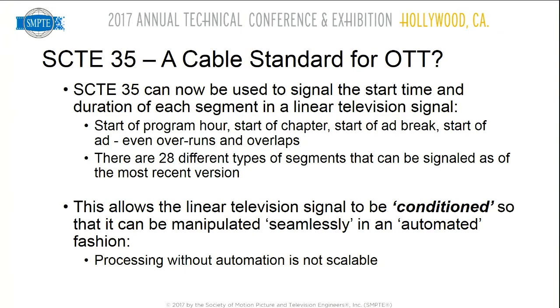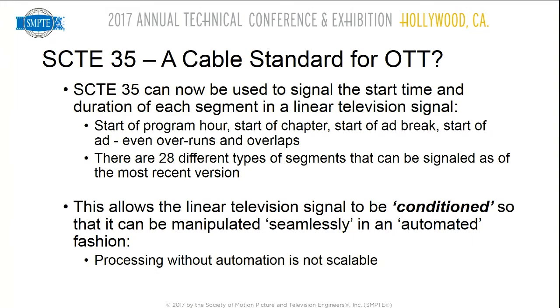And basically, this allows the linear television signal to be conditioned, and I'll talk about what that means in a minute, so that it can be manipulated seamlessly, and that's important. Seamlessly means that the end viewer can't see the difference.